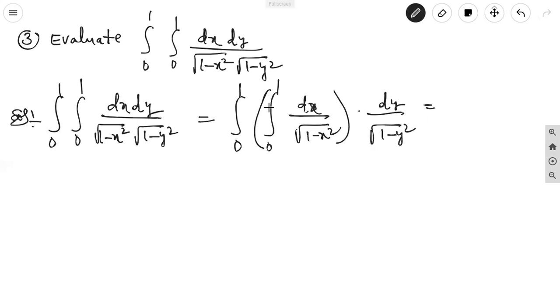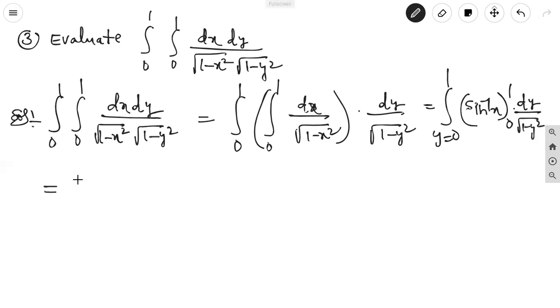First, we can integrate with respect to x. Integral y equal to 0 to 1, dx by under root of 1 minus x square means that is sine inverse x, limits from 0 to 1, into dy by under root of 1 minus y square.